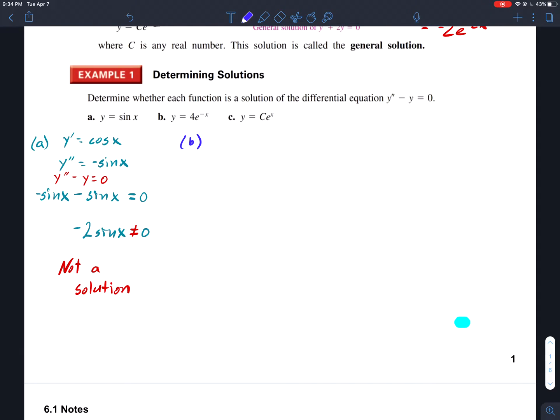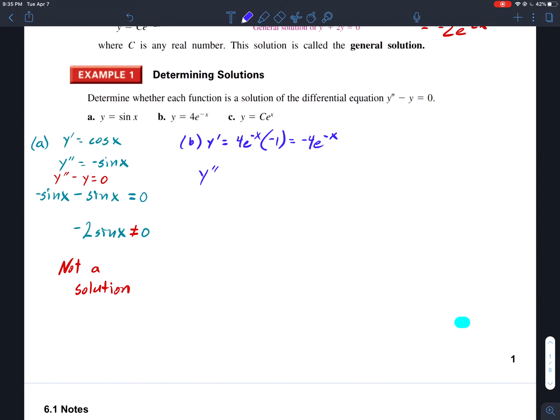In B, again, I have my y. It's equal to this function, this exponential function. I need y double prime in order to plug into that differential equation, so I'm going to have to find y double prime. So y prime equals 4e to the negative x times negative 1, which of course is negative 4e to the negative x.